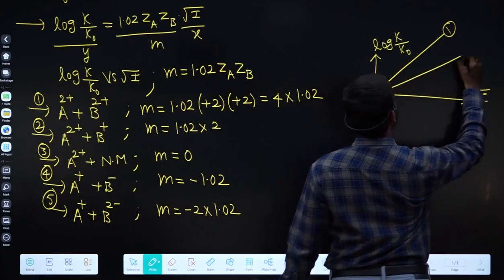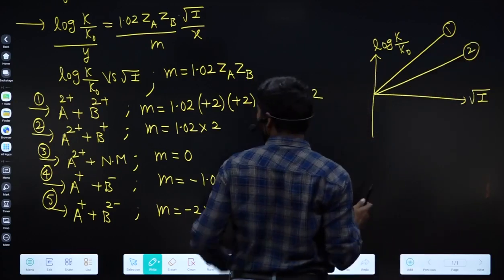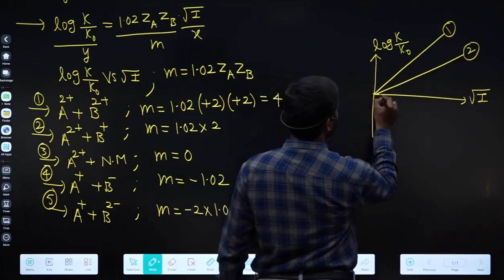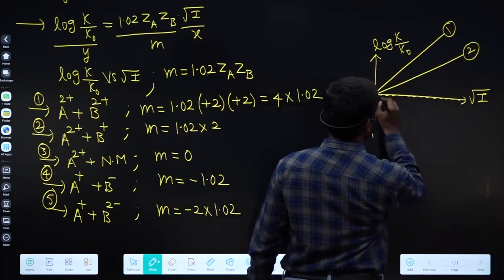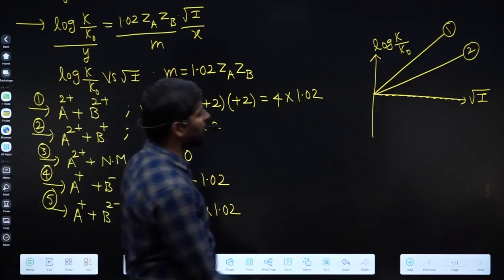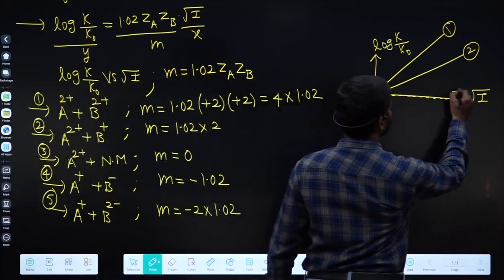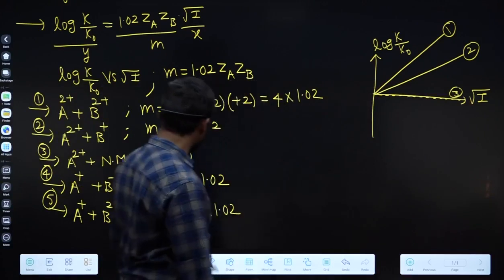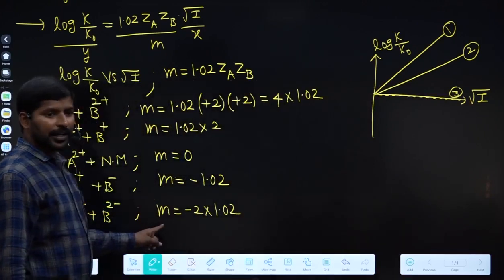Next, in the third case the slope is 0, so we will get the line on the x-axis. Fourth one negative slope, fifth one also negative slope.